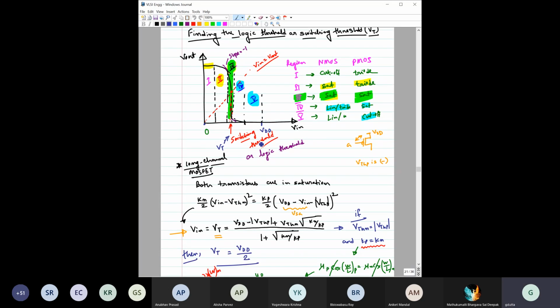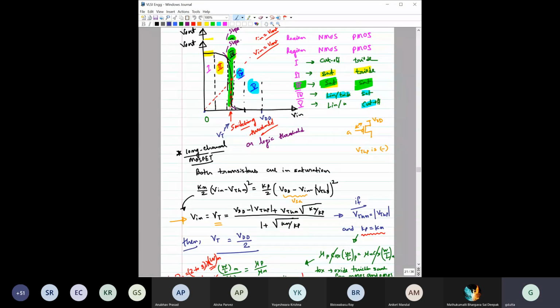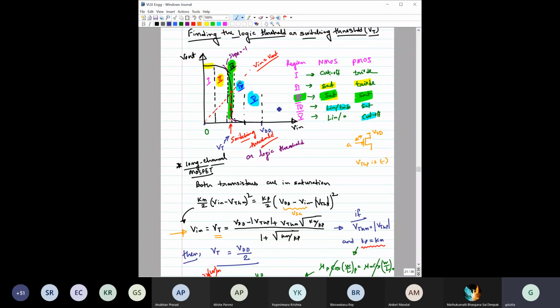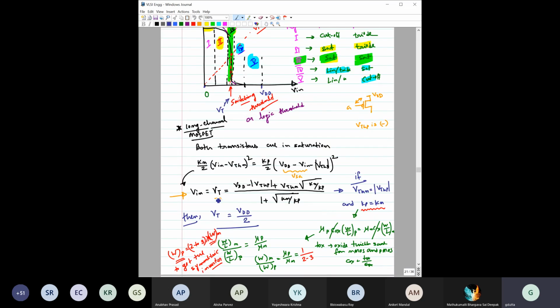You have to equate the current, because the same current is flowing through the PMOS and NMOS. This switching threshold will be in region 3, where both the PMOS and NMOS transistors will be in saturation. From there you will get this logic threshold or switching threshold.